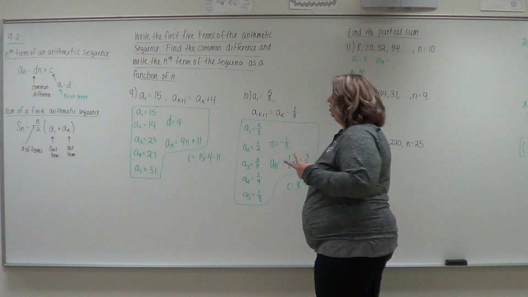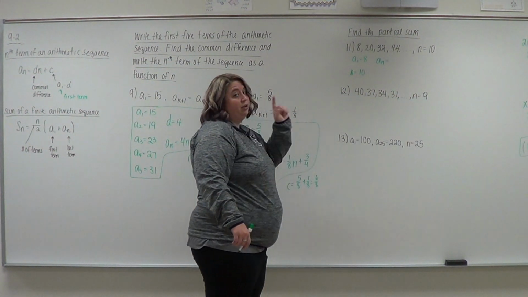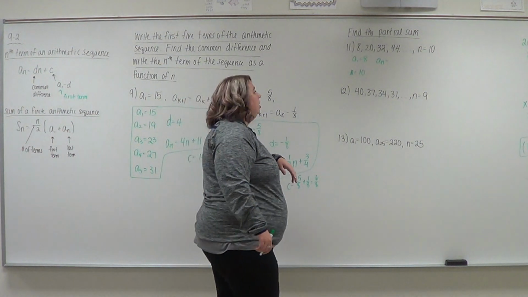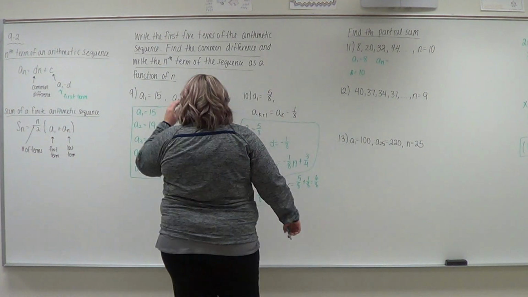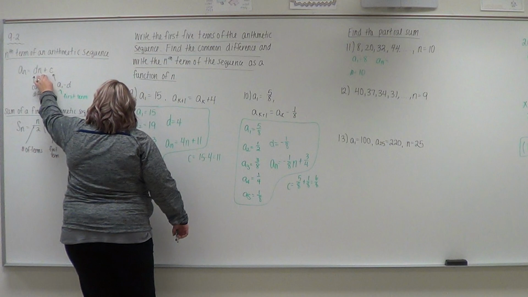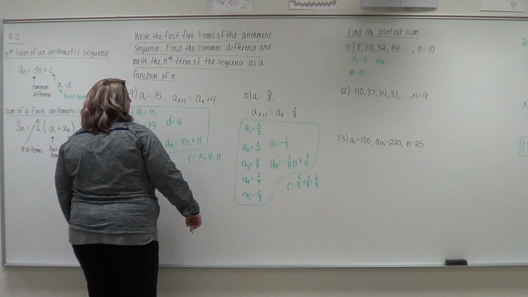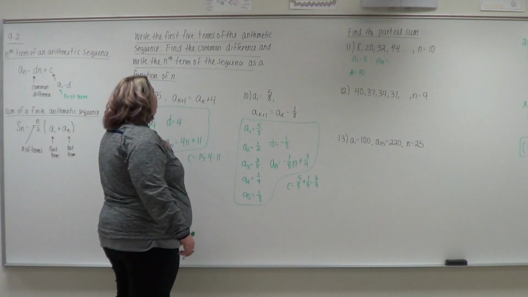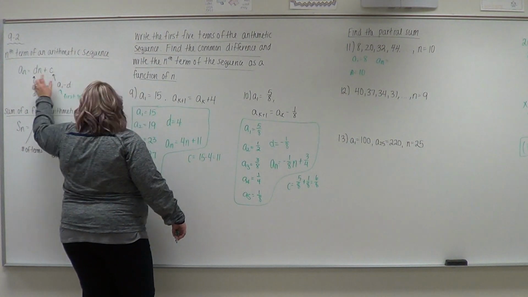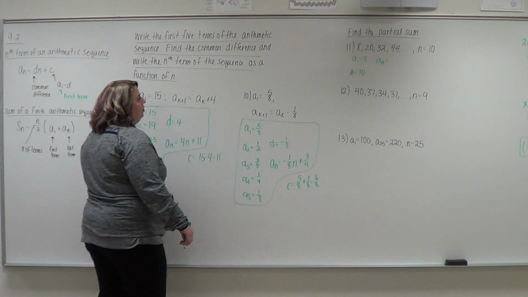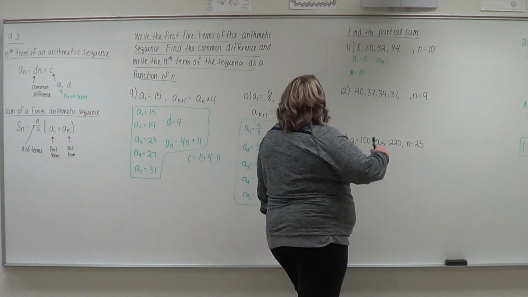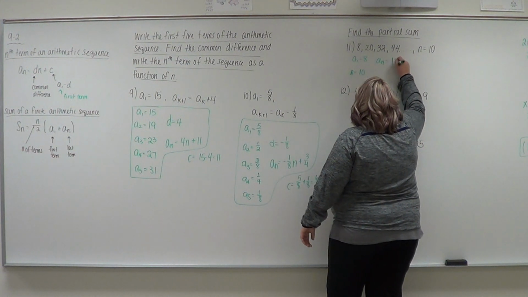Two options. You can keep counting until you get to the 10th term. The other option is you can use this equation and plug in what we know to find a sub n. I would rather do that. So I'm going to use what I know because I already know what the common difference is. I can look up here and see what am I adding every single time. That's 12, so this would be 12.